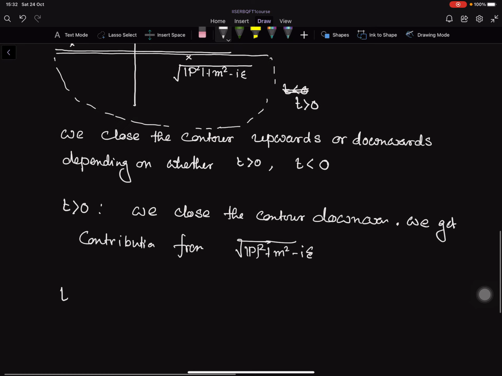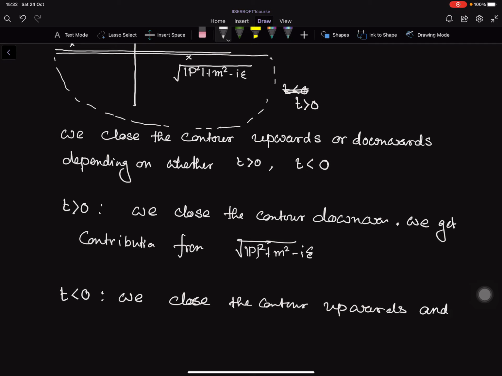whereas when t is less than 0 we close it upwards and get contribution from the negative pole.